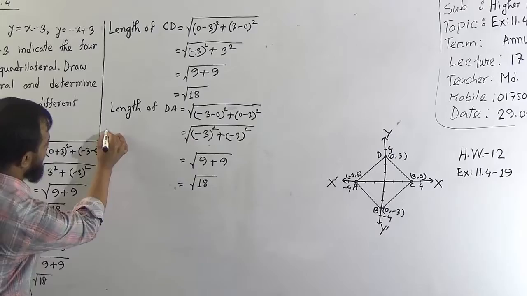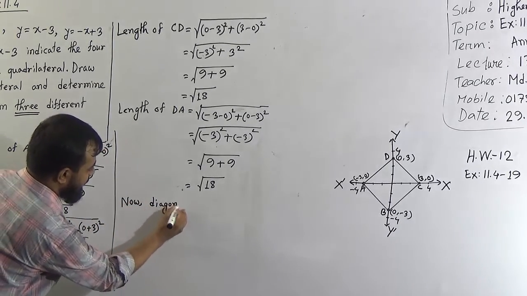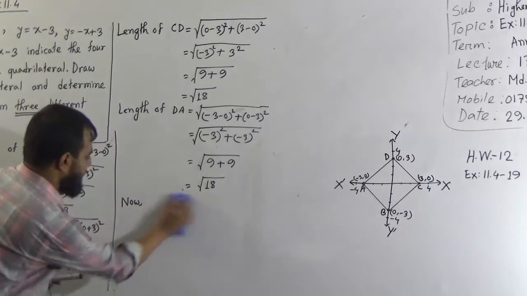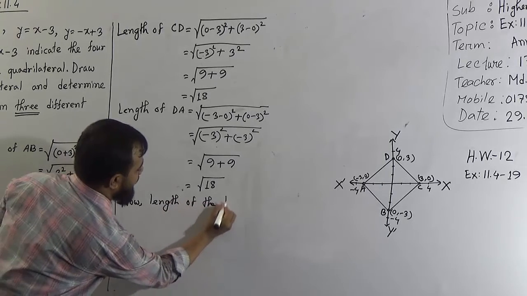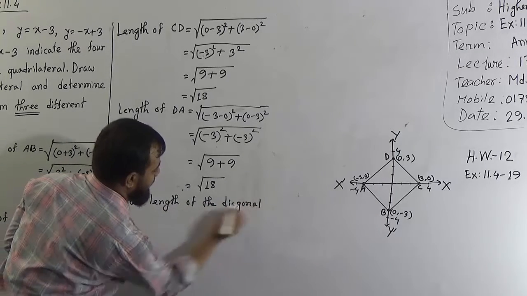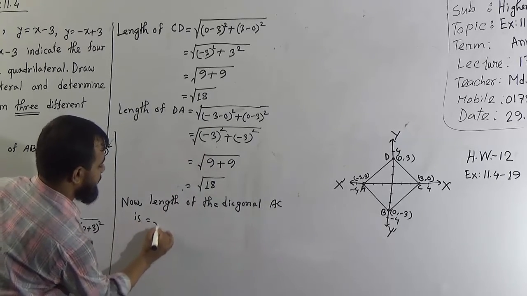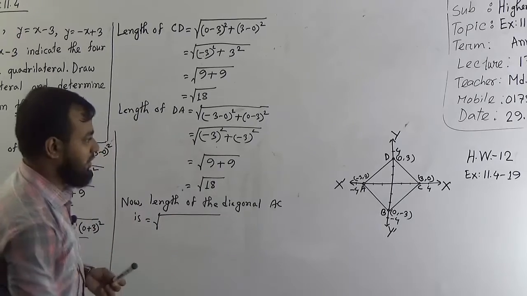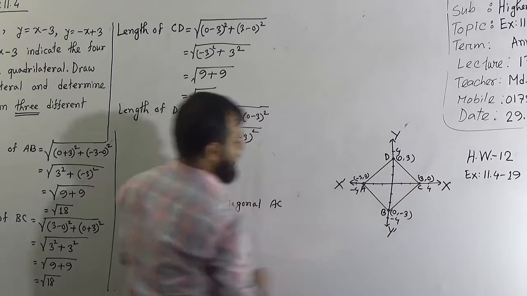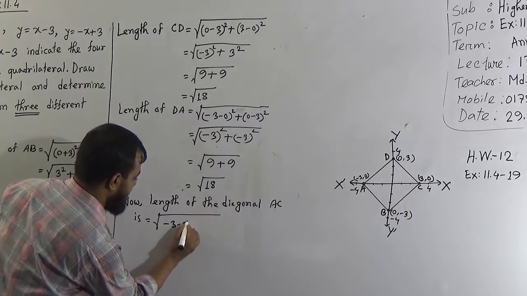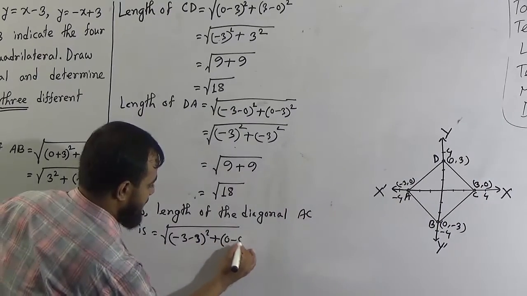Now length of the diagonal AC is equal to square root of the sum of the squares of the differences of the abscissas and the ordinates. So it's minus 3 minus 3 whole square plus 0 minus 0 whole square.